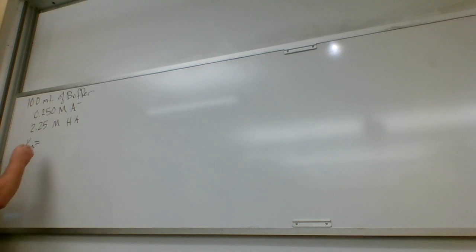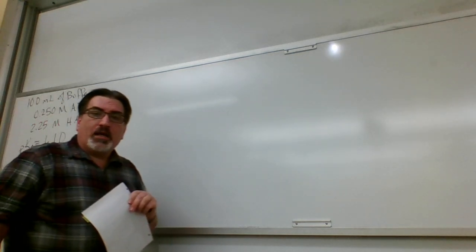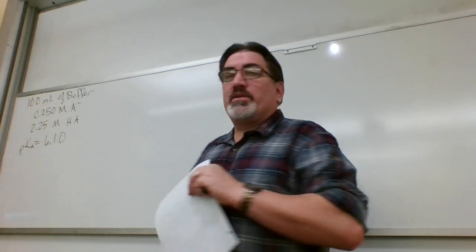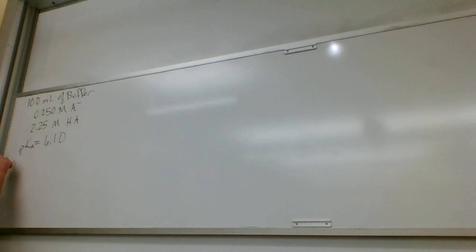The pKa is 6.10. So 0.25 molar A minus, 2.25 molar HA, and a pKa of 6.10. That's our initial setup. So we're going to first calculate the pH of that buffer.